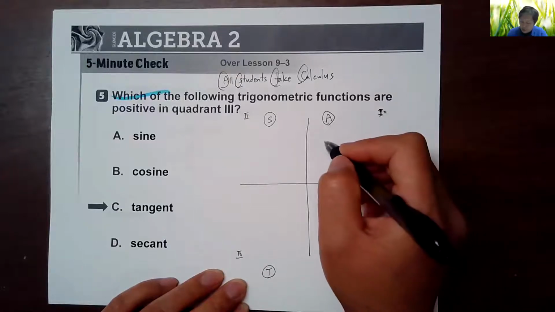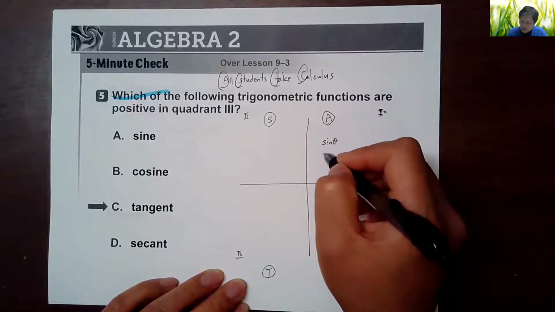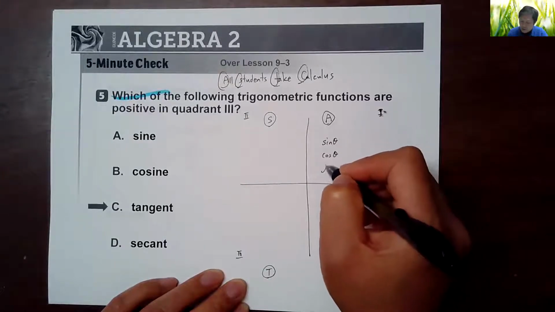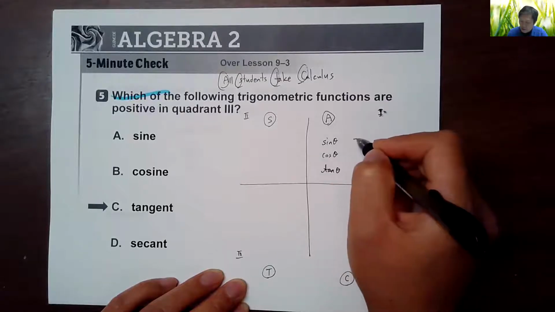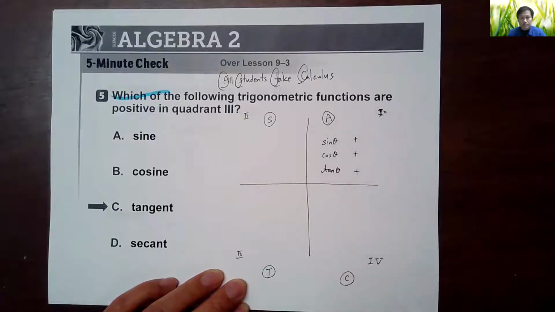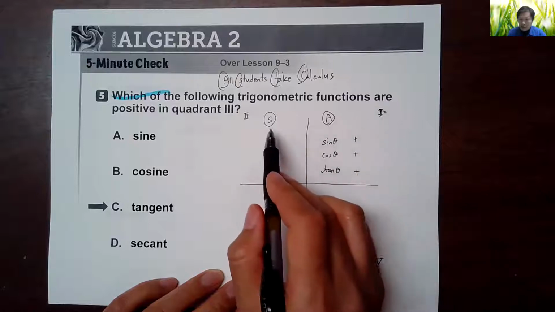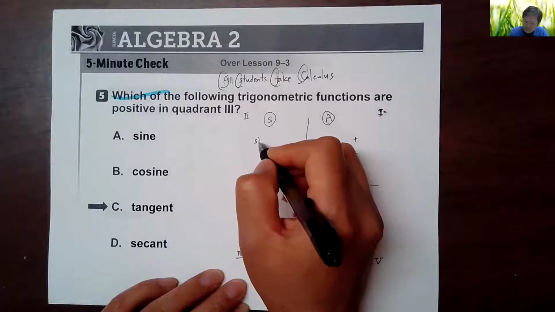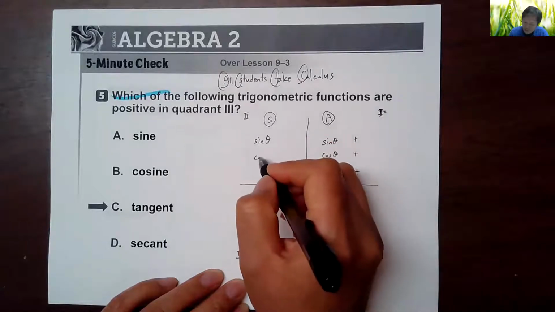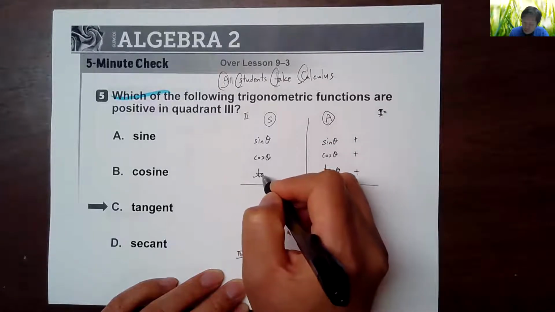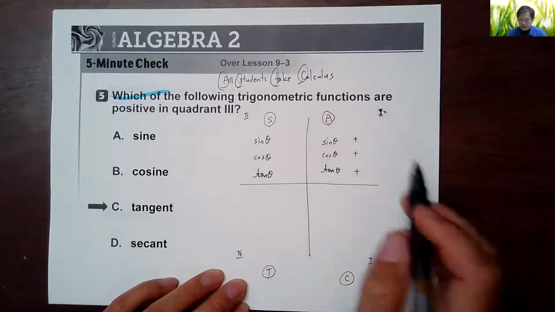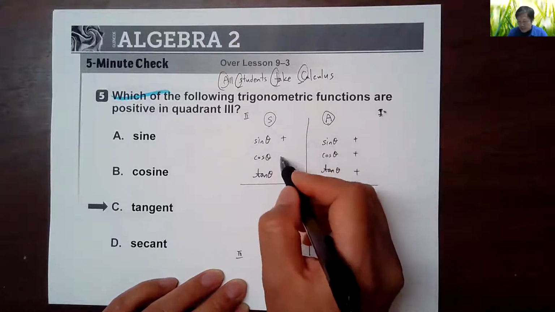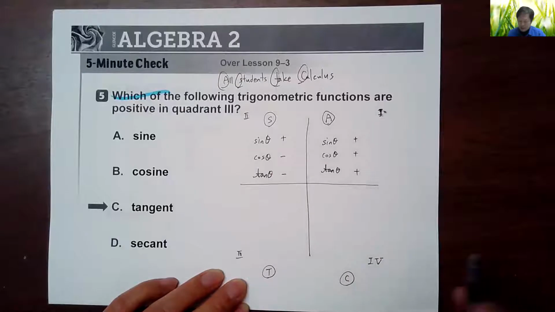When I say All, sine theta, cosine theta, tangent theta are all positive. S means only sine is positive. The others are negative.